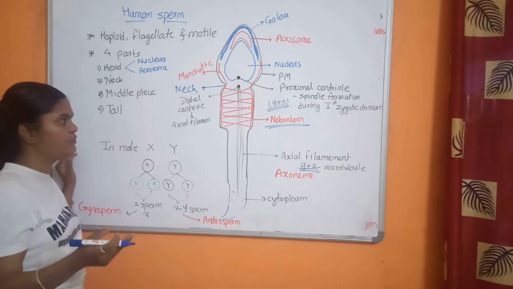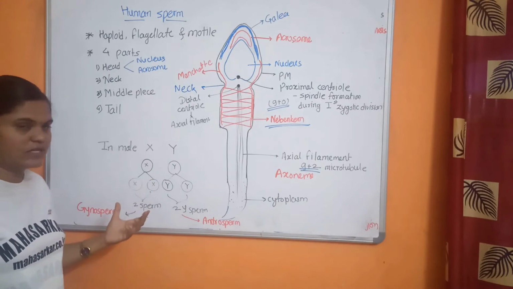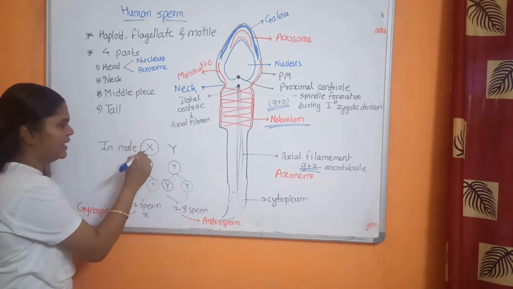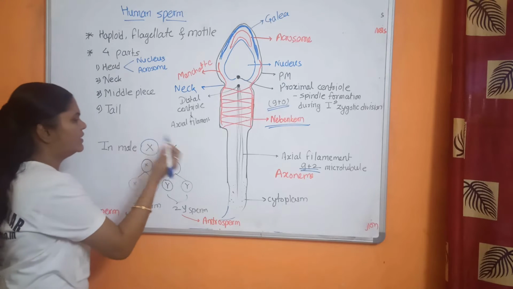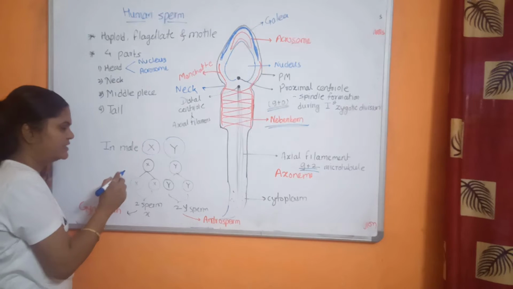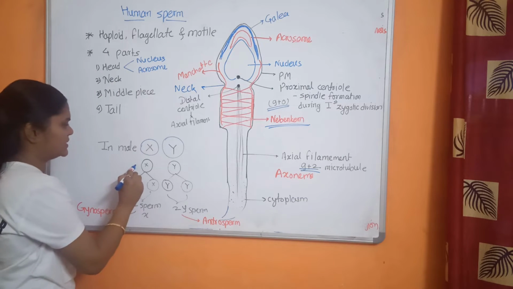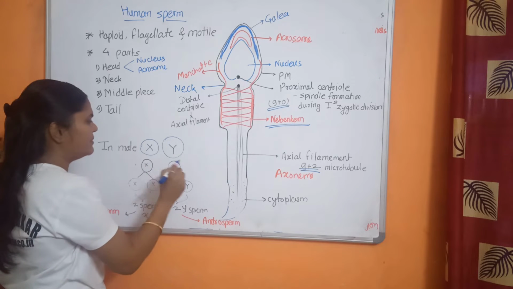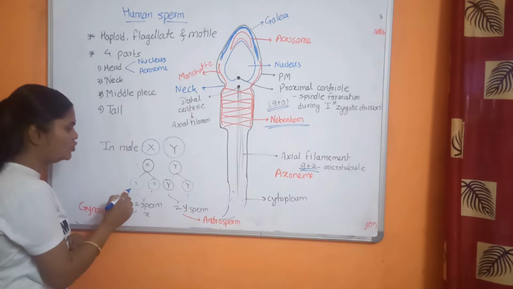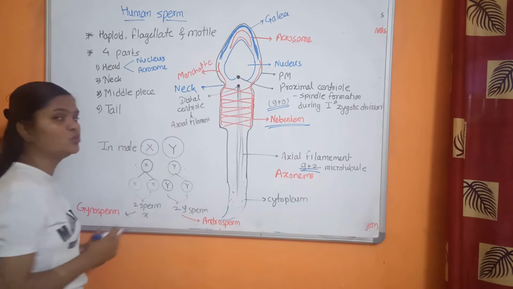spermatids are produced from the secondary spermatocytes. Four cells are produced. From that, one contains the X chromosome and another contains the Y chromosome. So this secondary spermatocyte divides into 2 spermatids. The X-containing secondary spermatocyte produces 2 spermatids and the Y-containing secondary spermatocyte produces 2 spermatids.